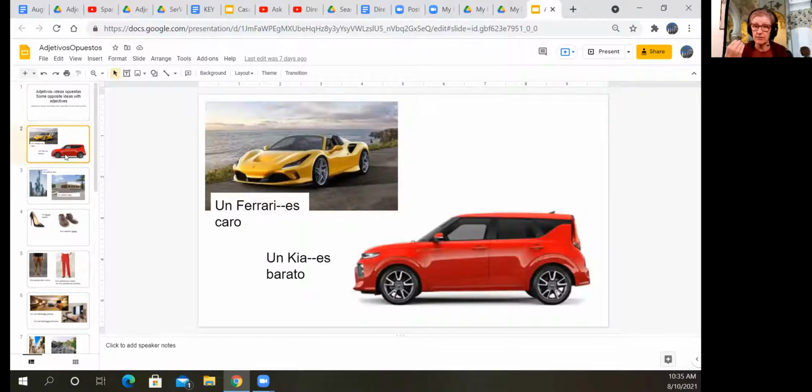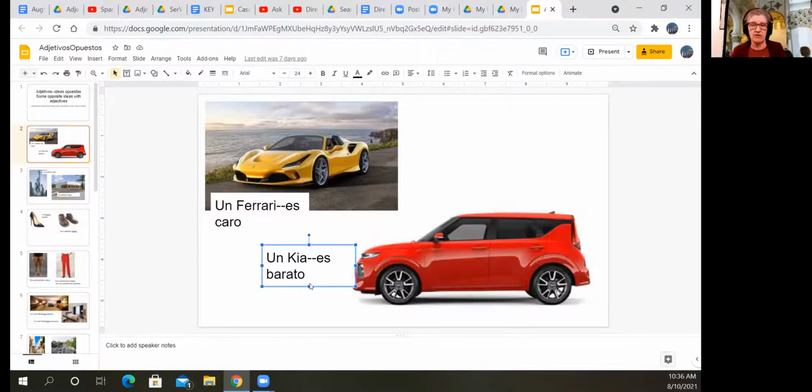But caro, with one R, costs a lot, okay? You may also hear the word costoso, costly, which means expensive, right? Caro, expensive. Costoso, also expensive. But the opposite, when something does not cost a bunch, is barato.